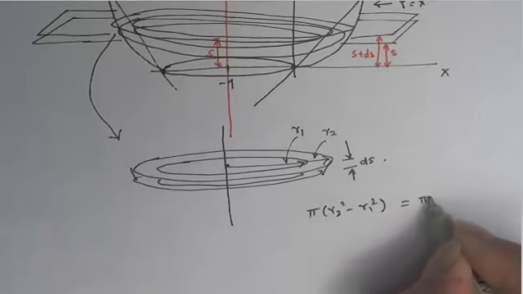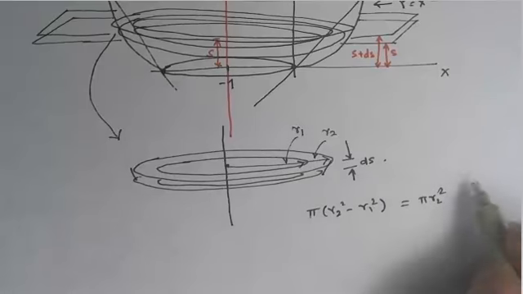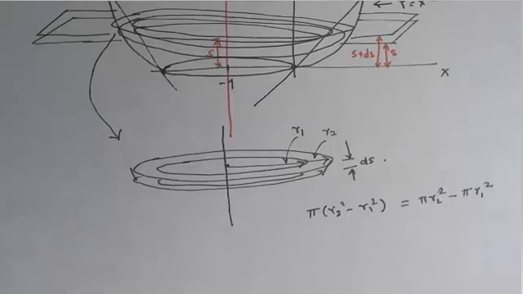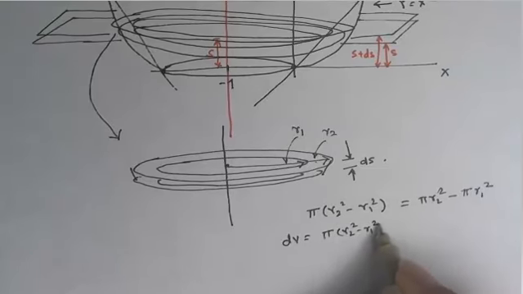So that's just pi r2 squared, the area of the bigger circle, minus pi r1 squared, the area of the smaller circle. So the infinitesimal volume in between the top and the bottom is just dV equals area of the face, which is pi (r2 squared minus r1 squared), times ds.